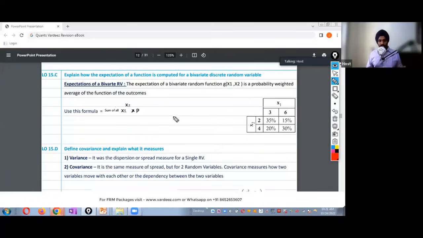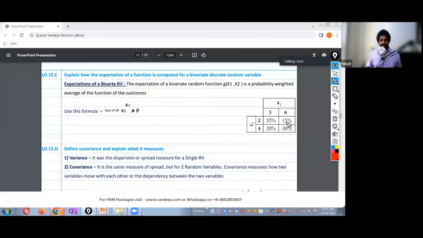You're going to be given this kind of a table wherein you have one variable here, other variable here, and you're told that you want to find the expectation of a bivariate random function, which is g(x1, x2). This g is nothing but, in mathematical terms, a function, just like p(x) is equal to 3. So this probability is just written in a functional language, nothing else. Similarly this g of x1, x2, g is just a function. So it's a probability weighted average of the function of the outcomes.